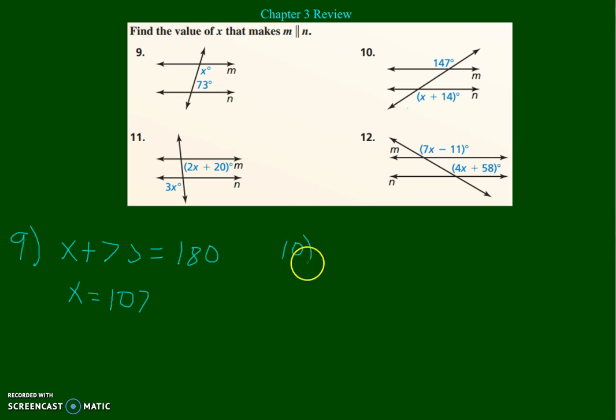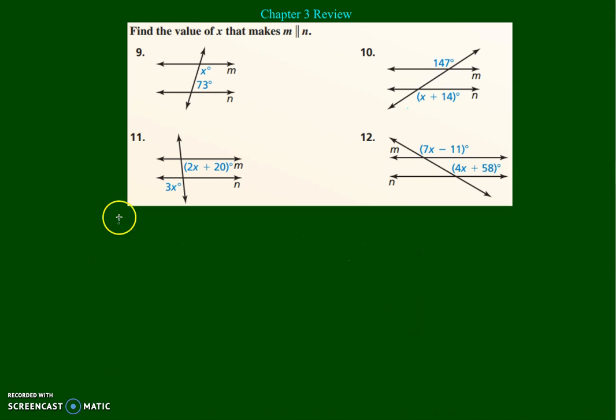So for problem 10, 147 equals x plus 14. And so subtracting 14 from both sides, 133 equals x.